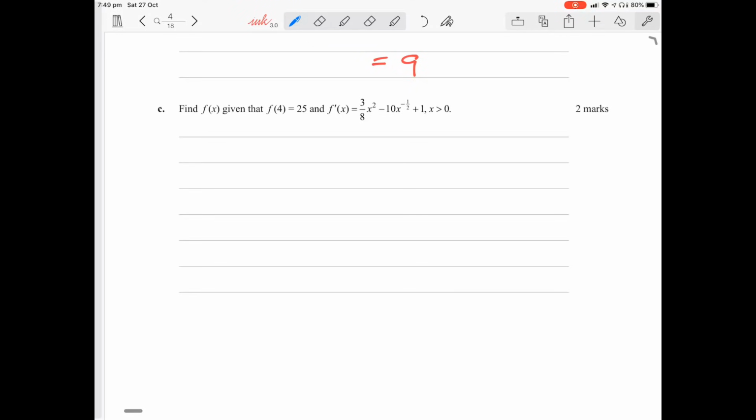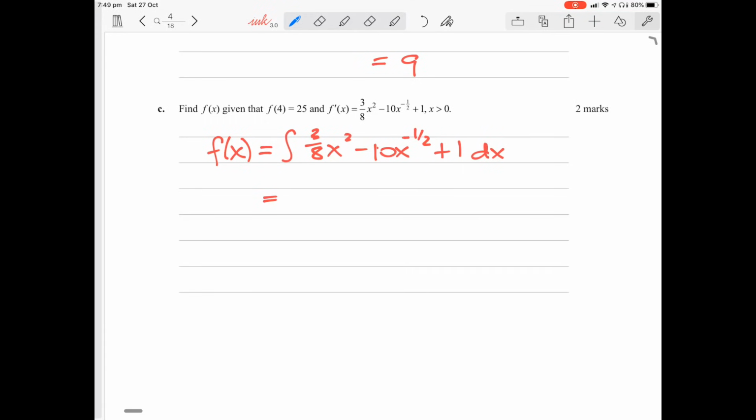Okay, f of 4 is 25, so that means f of x is the integral of 3 on 8 x squared minus 10x to the negative a half plus 1 dx.